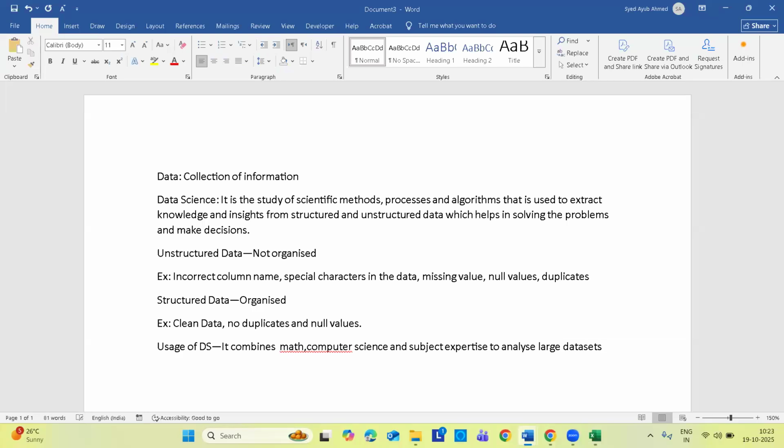One example of data set we have seen in Excel just now. Large data sets, and also uncover patterns or hidden patterns.